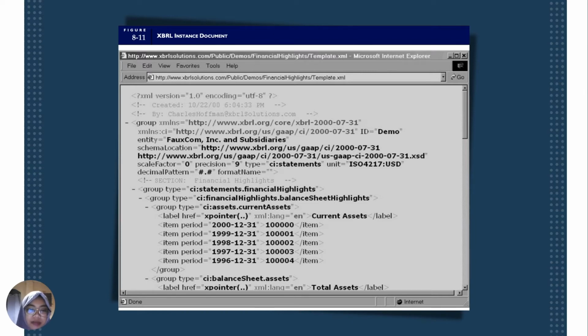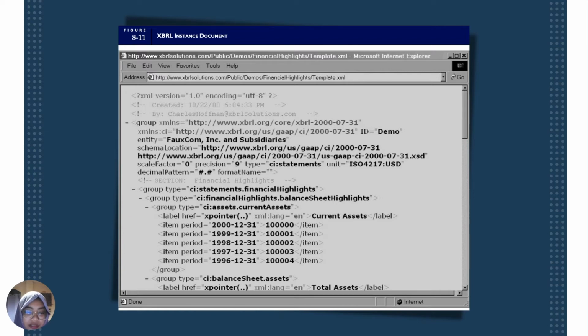The document can be placed on an internet server for internal users, or it can also be placed on a private network for limited dissemination to customers or trading partners, or it can be placed on the internet for public dissemination.